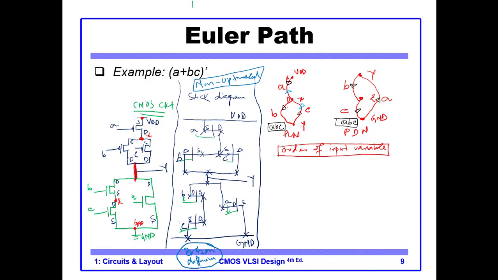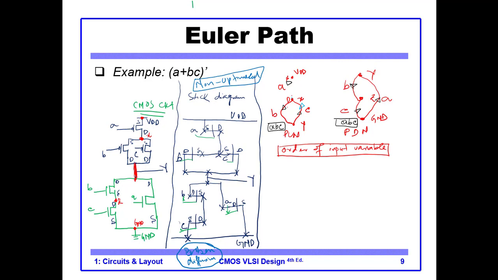Now when I go here, I have to come back again. So this is not a correct path. Remember, one of the rules was that you can visit a node multiple times, but you cannot visit an edge multiple times. So I cannot go from C to A and then come back, because in that case the A will be visited twice.